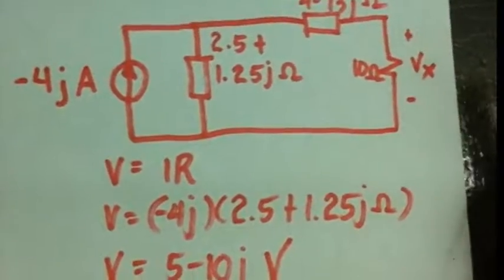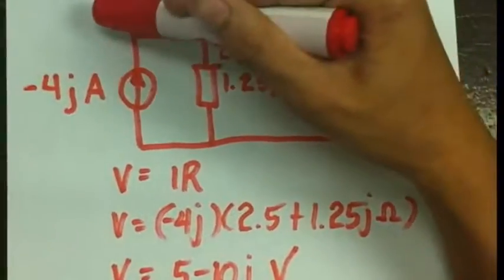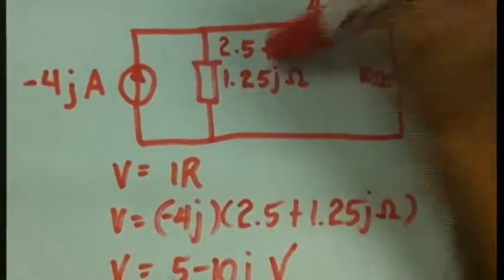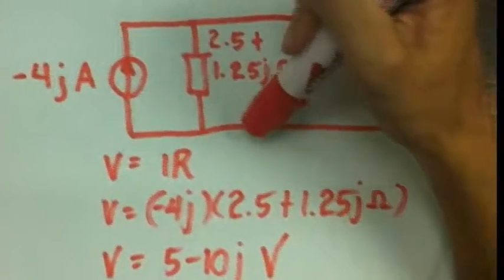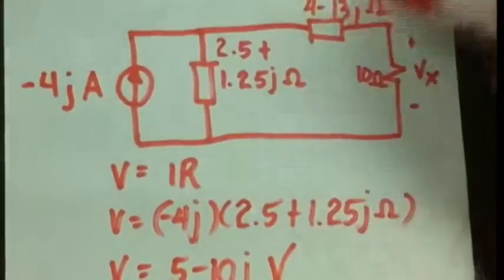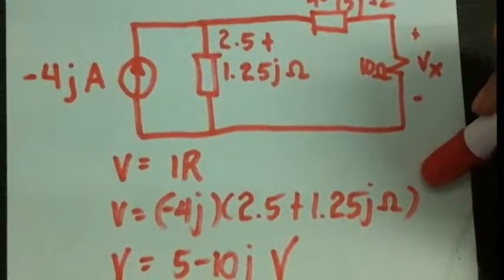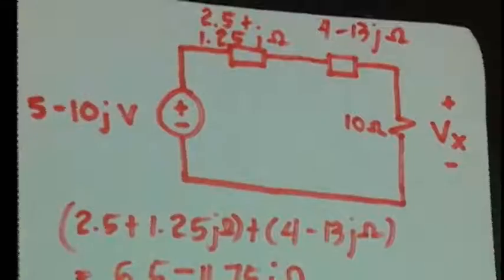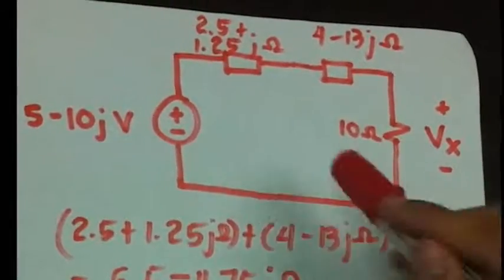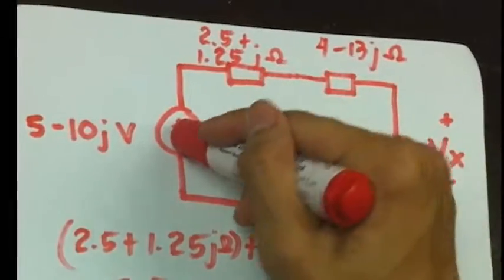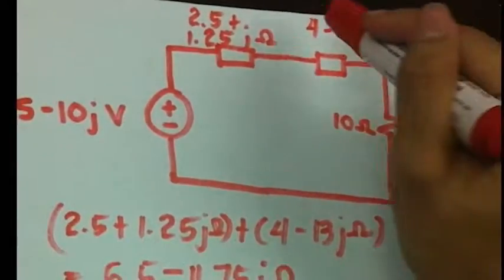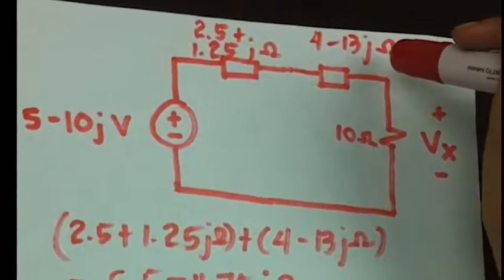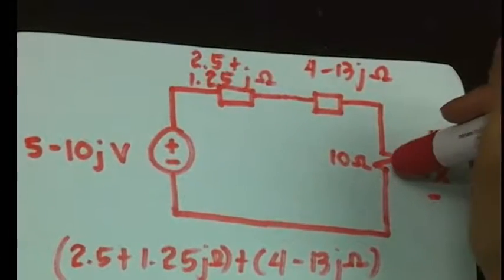Next, applying source transformation to negative 4j ampere and new impedance, we have V is equal to IR. Negative 4j times 2.5 plus 1.25j ohms, we have our new voltage source of 5 minus 10j volts. Redrawing the circuit, we have our new voltage source of 5 minus 10j volts in series with the same impedance of 2.5 plus 1.25j ohms, an impedance of 4 minus 13j ohms, and 10 ohms.